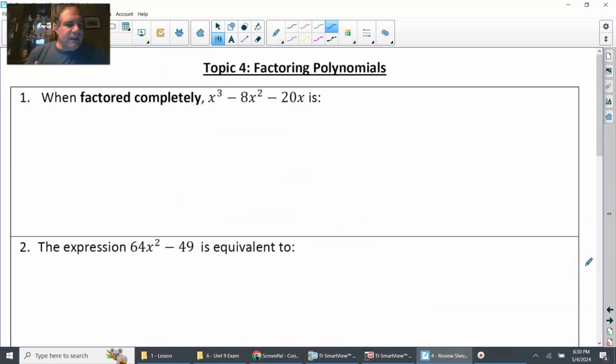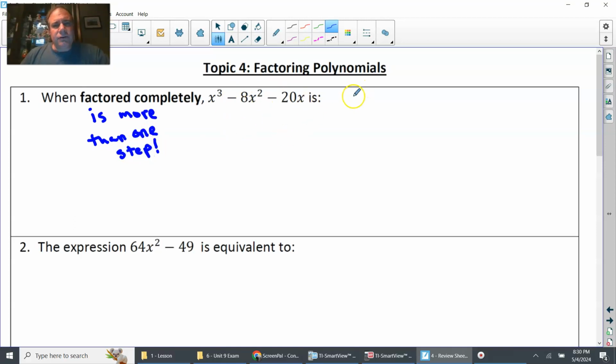Topic number 4, the last topic, when factored completely. Remember, factoring completely means that there is more than one step. Don't stop after a step.